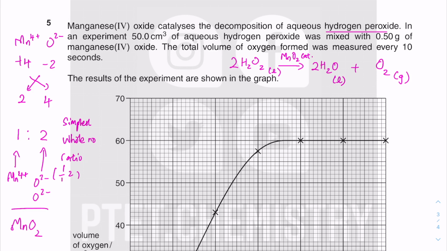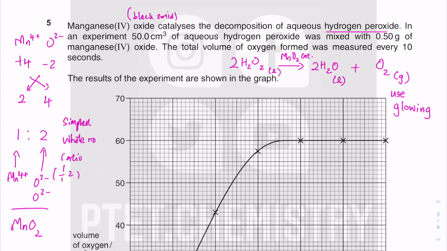You will learn more about why MnO2 makes a good catalyst when you come to transition metals, but just for the sake of it, this is a black solid. If you ever encounter this in qualitative analysis in an exam, you add a little bit of this black solid to this, and then suddenly you get effervescence. The gas is colorless and odorless. You can test for it by using a glowing splint.